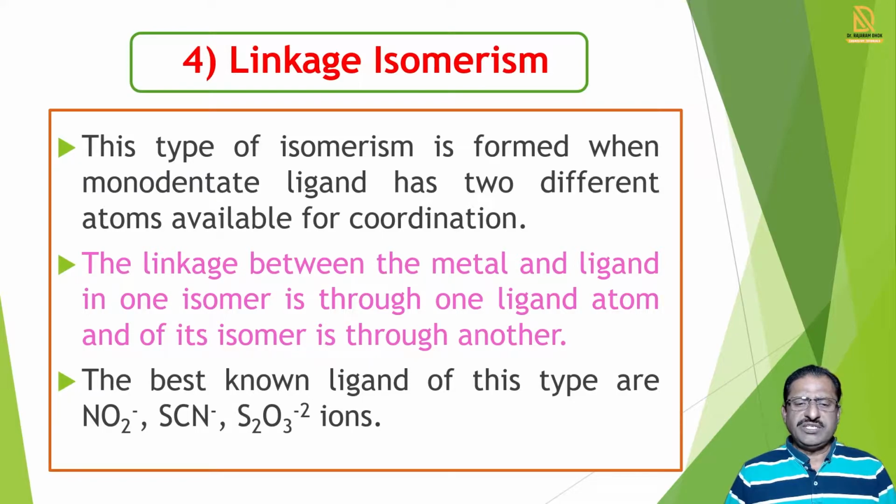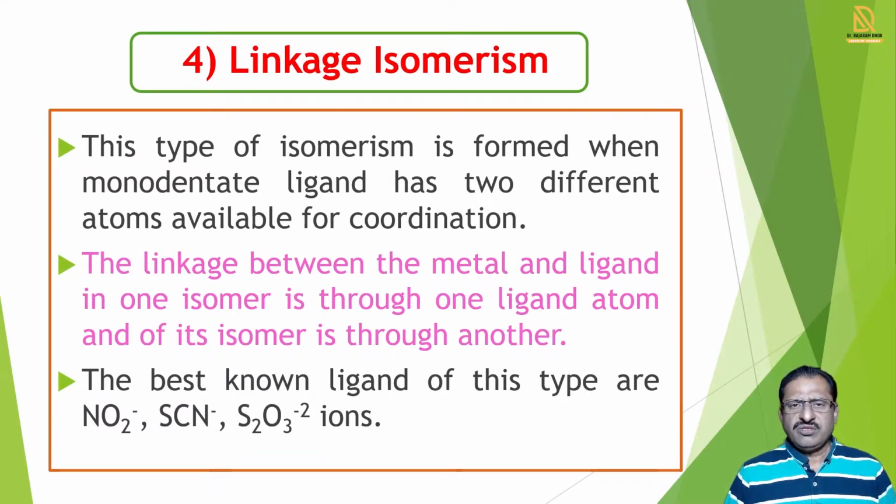So the linkage between the metal and ligand in one isomer is through one ligand atom, and when the other atom links with the metal, then at that time it forms its isomer.